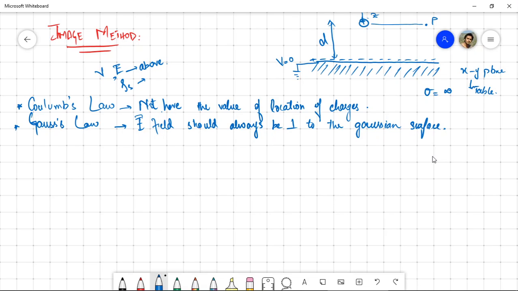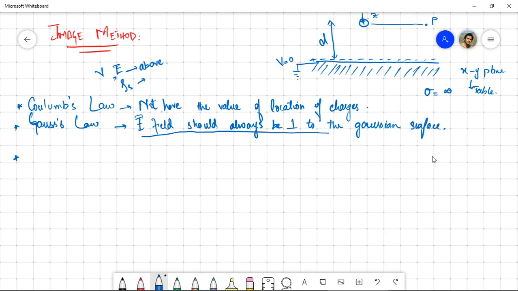So it is almost impossible for us to imagine a Gaussian surface such that the electric field lines are always perpendicular to that surface. If we can't think of a Gaussian surface which fulfills this requirement, then the answer that we calculate by integrating over that surface is going to be inaccurate, and that will defeat the purpose of calculating the value of E. So this is not possible for us either.